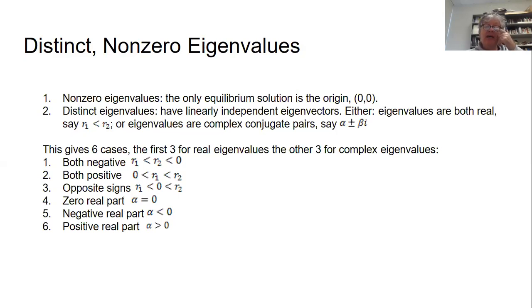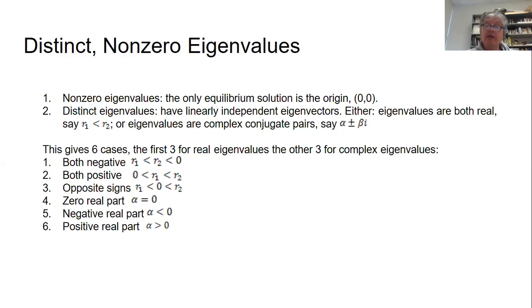Because if we have a 0 eigenvalue, then along that 0 eigenvector, any point on the line spanned by that 0 eigenvector will also be an equilibrium solution. We want distinct eigenvalues, because that guarantees that we have 2 linearly independent eigenvectors.